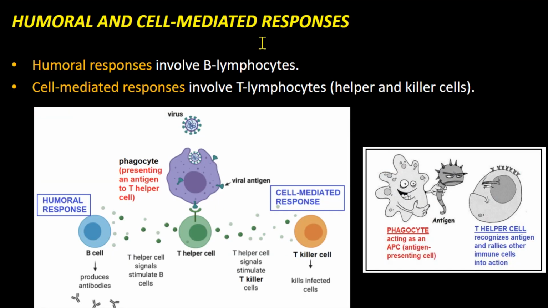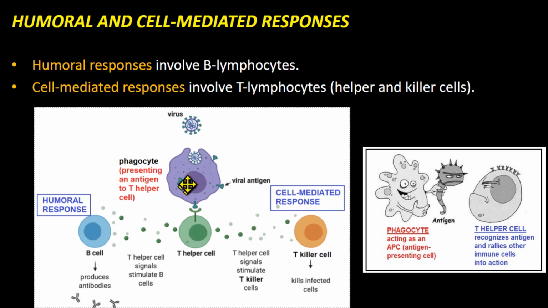So due to all these different types of white blood cells, we have two different types of responses. We have the humoral response and the cell-mediated response. Humoral responses involve B lymphocytes. This is where you can see here, where we have a phagocyte that is engulfing a virus and thus the antigens, and now it is called an APC or antigen presenting cell.